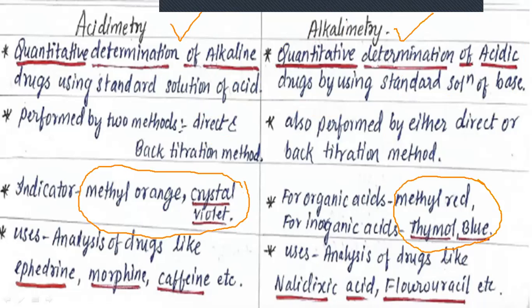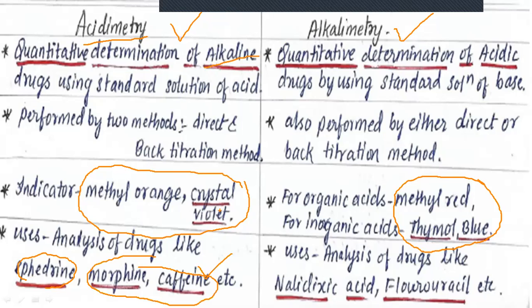The last one is analytes. Which analytes are we going to estimate by acidimetry? These are the analytes, right? Here ephedrine, morphine, and caffeine. These substances have an alkaline nature, so these analytes will be analyzed by acidimetry.